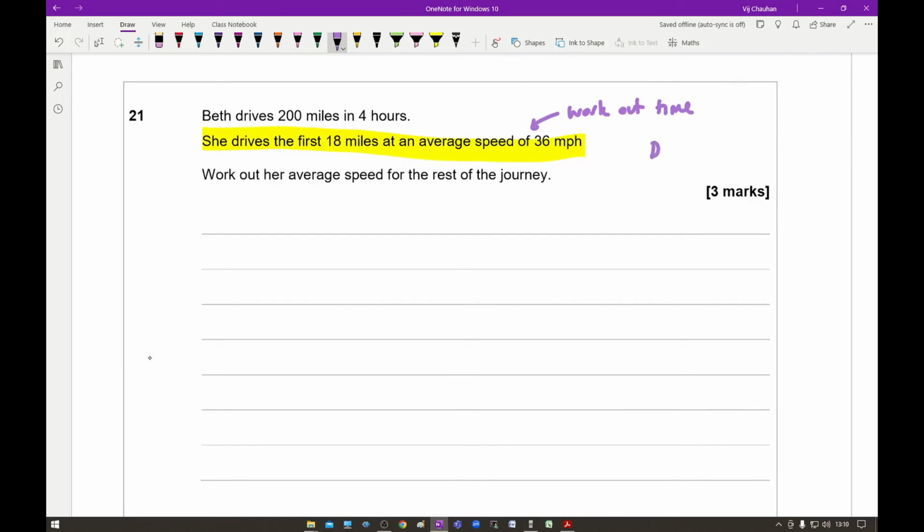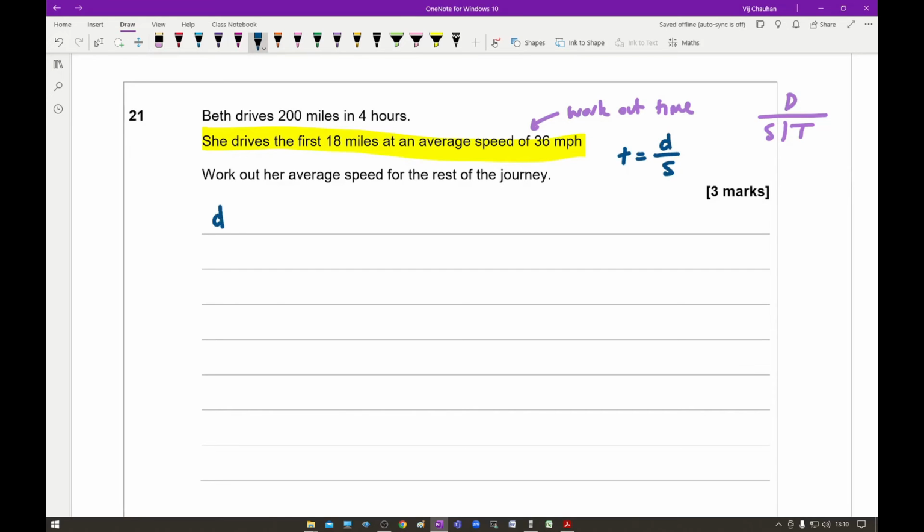Now, using the formula of distance equals speed times time, we just draw the little triangle, so to say. So to work out time, here we know that time equals distance over speed.